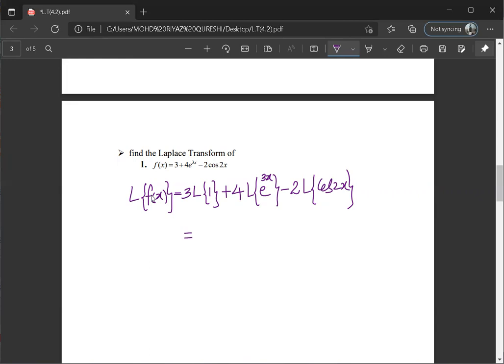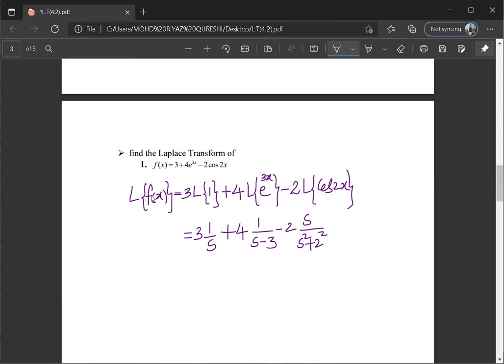If you remember the formula, we can get the answer simply. Laplace of 1, what is that? 1 by s. Simply the answer is 3 times 1 by s, plus 4 times e to the power of 3x means 1 by s minus 3, minus 2 into cos 2x means s over s square plus 2 square.